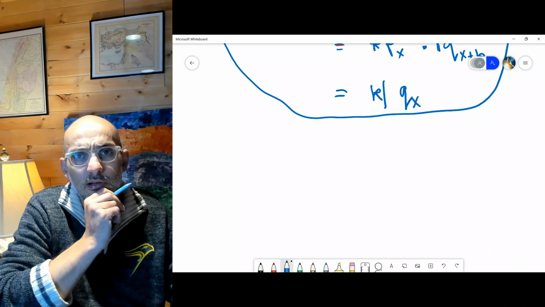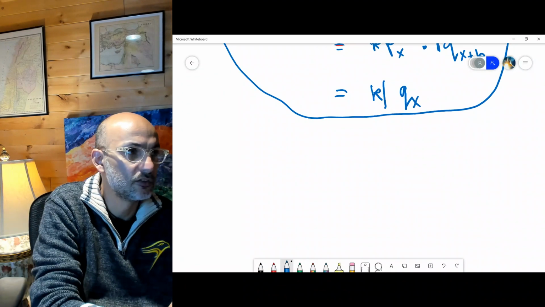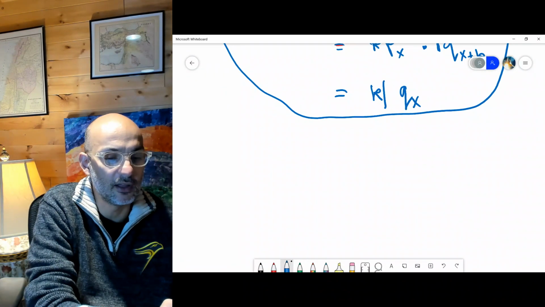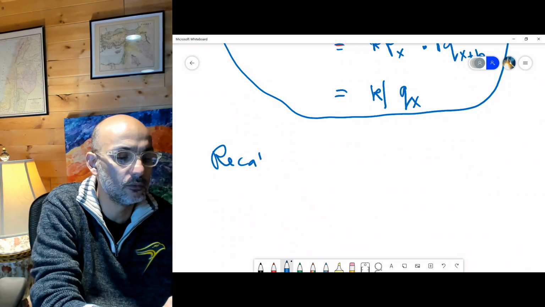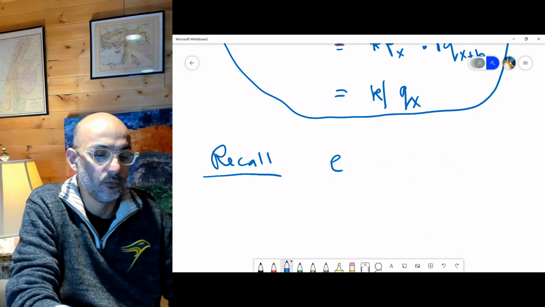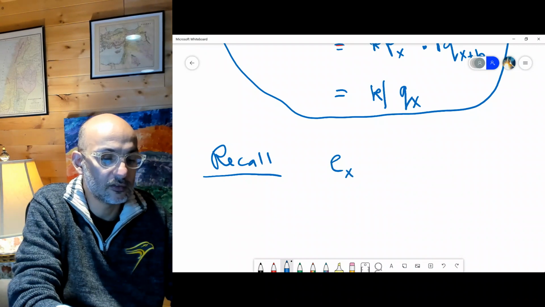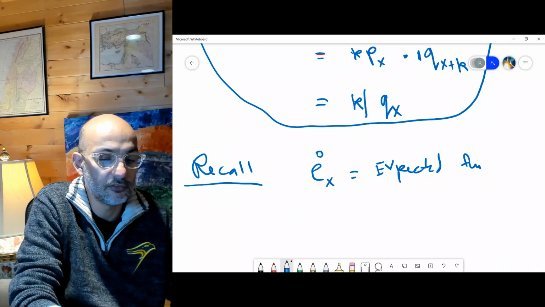Another concept related to this is the future lifetime, the expected value of the future lifetime. Let's recall what we did. We remember in the continuous distribution, we said e_x^0, and this is the expected future lifetime.